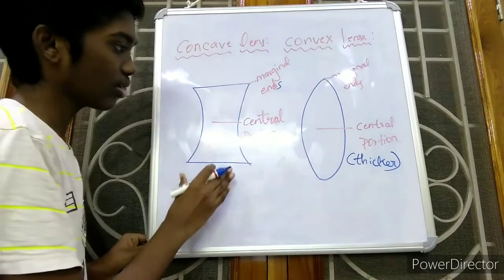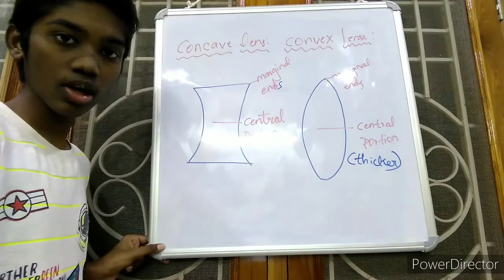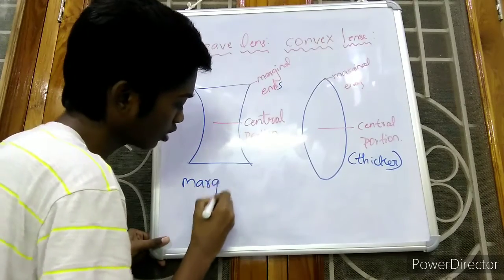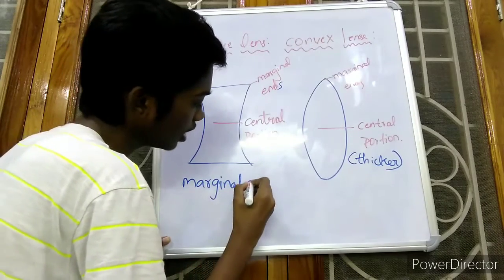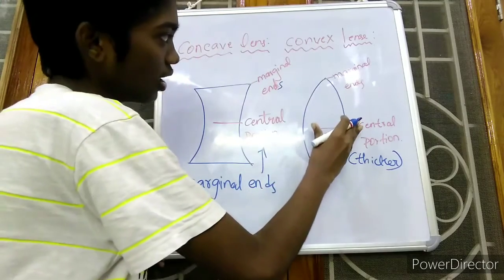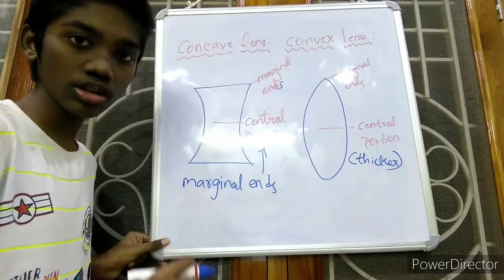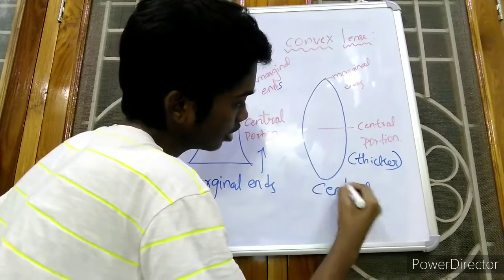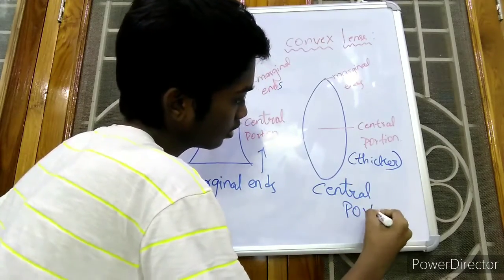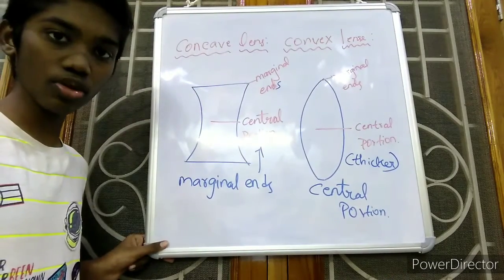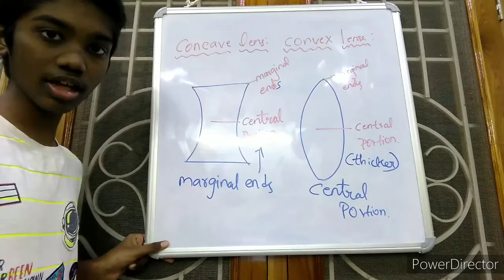So a concave lens is a type of lens whose marginal ends are thicker than the central portion. A convex lens is a type of lens whose central portion is thicker than its marginal ends. We can define both concave and convex lenses like this.